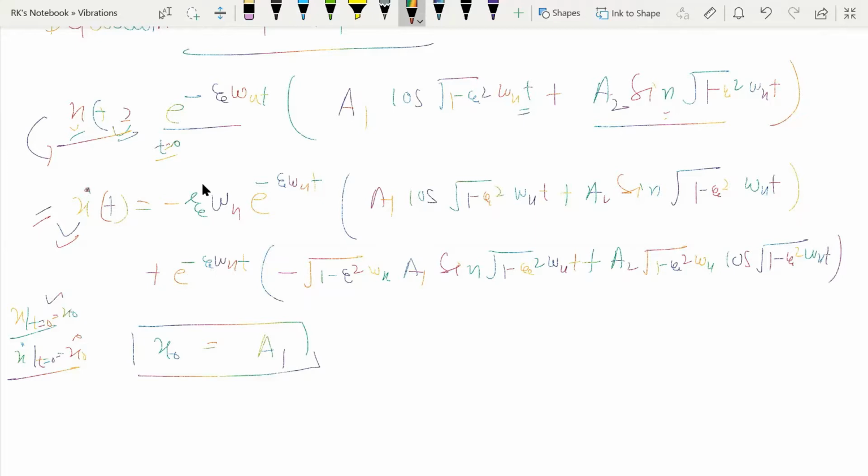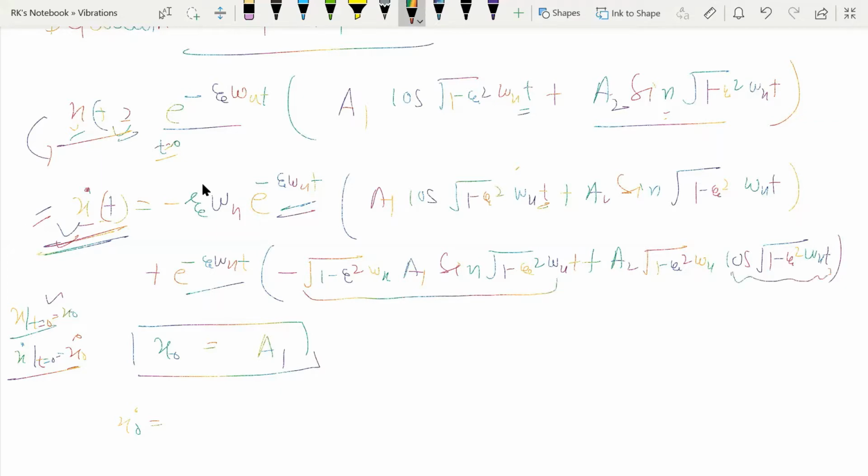Now we'll apply the velocity initial condition on the velocity equation, right? So x naught dot at t equals 0: we put t equals 0 in this equation. The exponential becomes 1, the cosine becomes 1, and the sine term becomes 0.